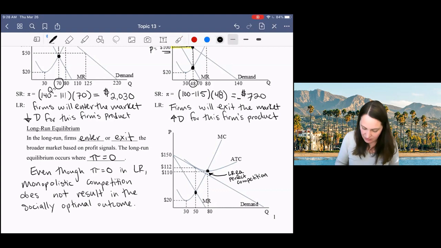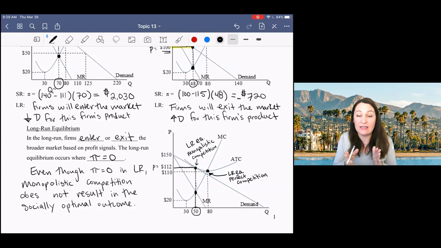In this picture, the demand curve is such that when we set marginal revenue equal to marginal cost, and we raise our price up to the demand curve, we get a zero profit point, but it's a different zero profit point than we had in perfect competition, right?